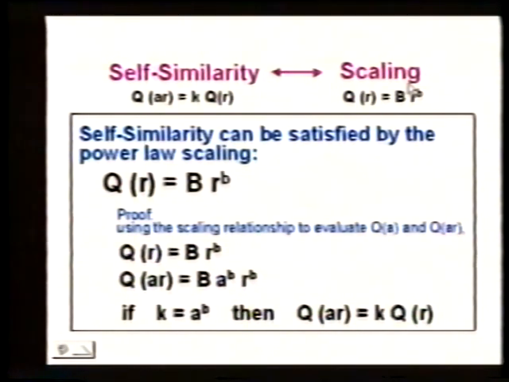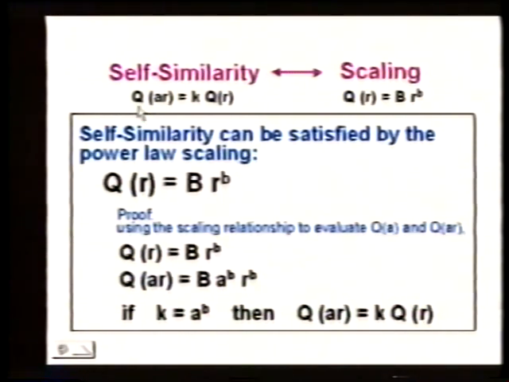And let me show you quantitatively what that relationship is. Again, self-similarity says, and really I mean when I say self-similarity from now on, statistical self-similarity. Because that's what we have in biology. We don't really have exact self-similarity.